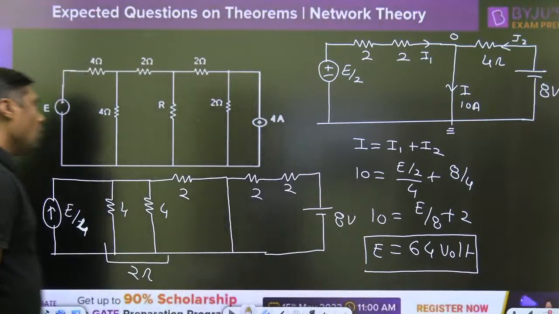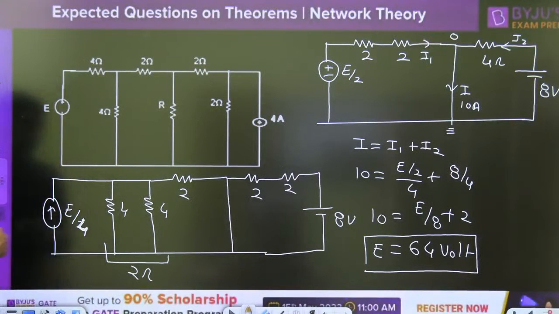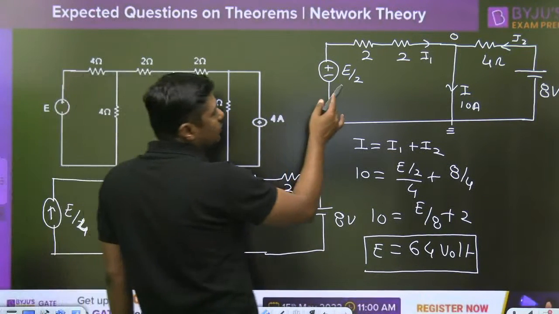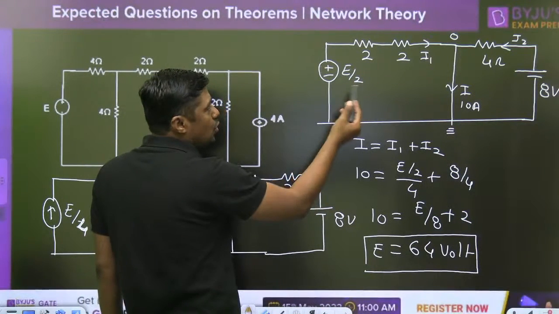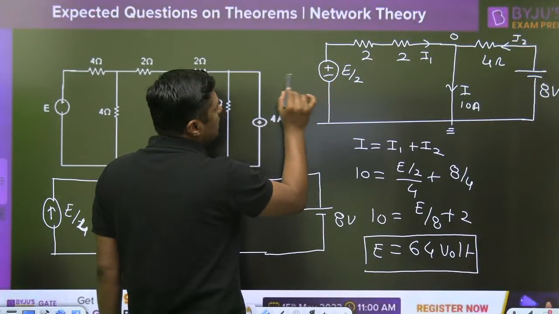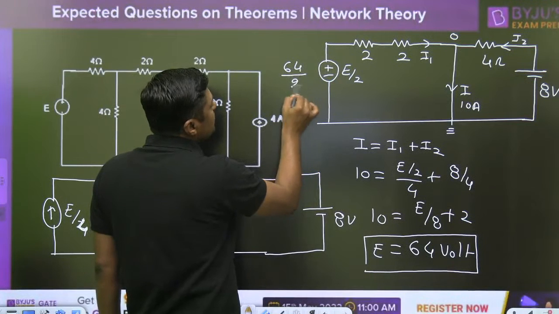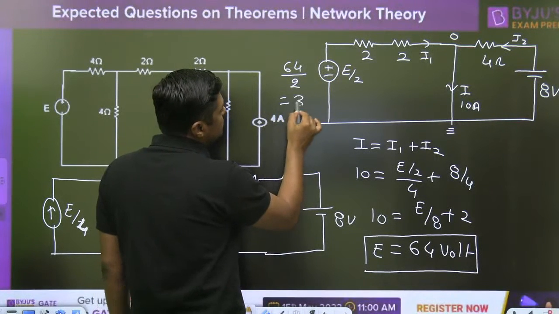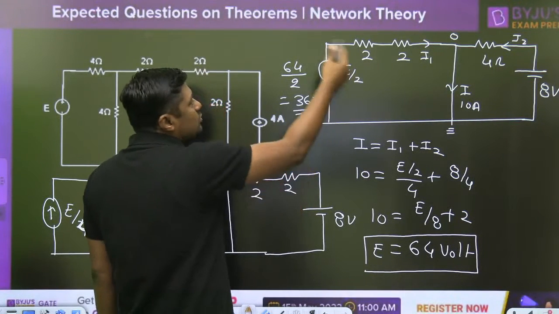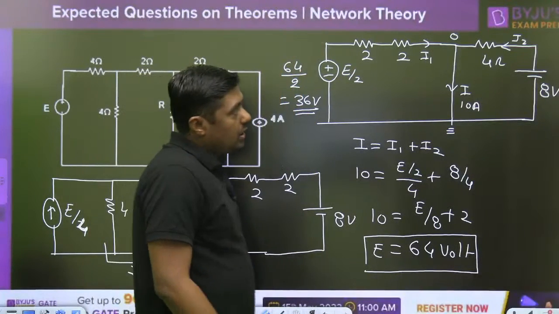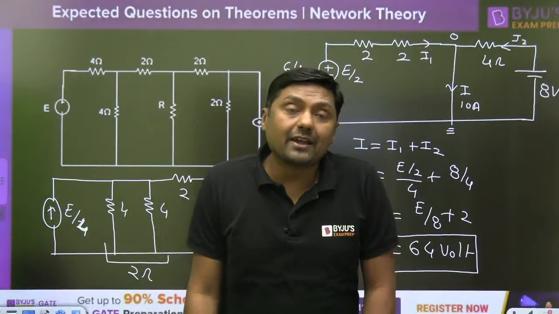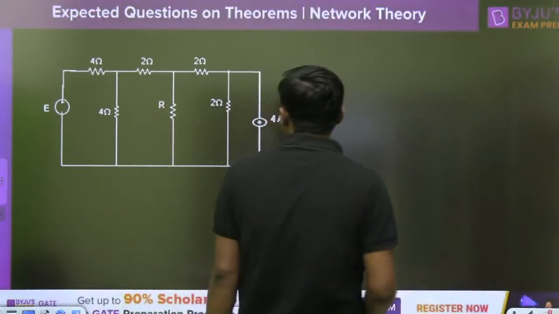Okay. Now once you get E equal to 64 volt, you can directly use E in this diagram, because we have already used the source transformation. So E by 2, what is the E by 2? 64 by 2, that is nothing but 36 volt. Now actually this is the diagram. Now we have to calculate the maximum power. Then how to solve this?